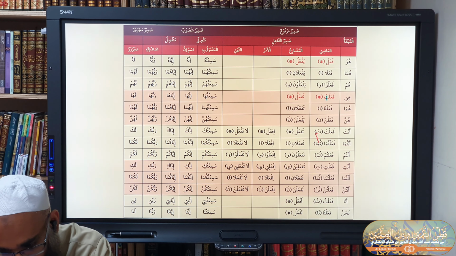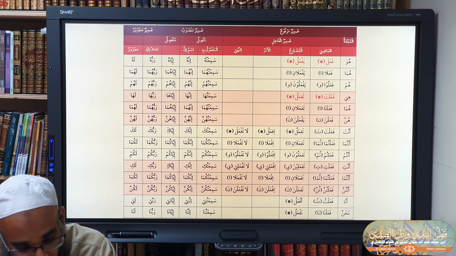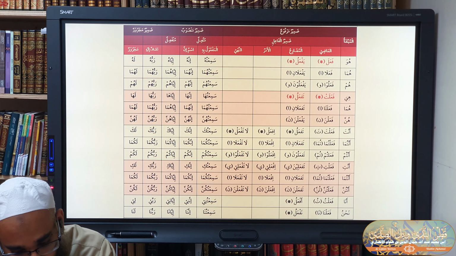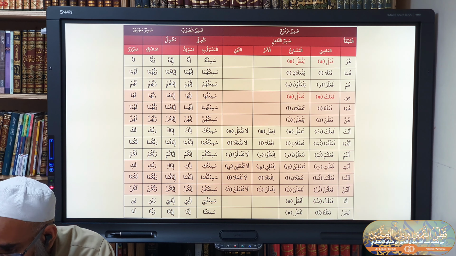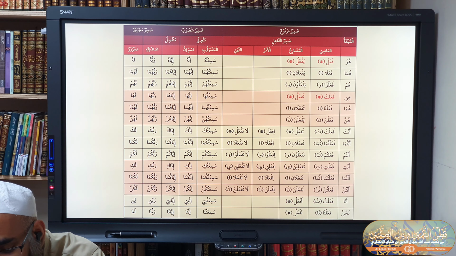Okay? Let's start again here. So this zamir mubtada is marfu' because it comes in a mubtada state. And it's going to be munfasil. Right, munfasil.